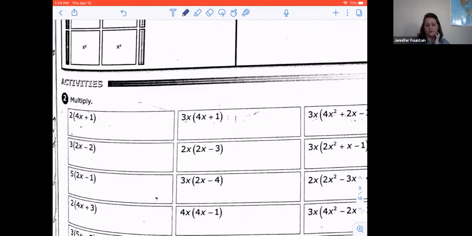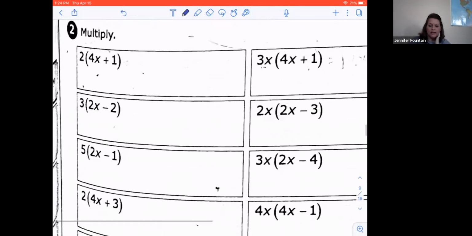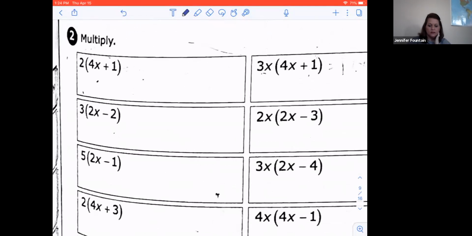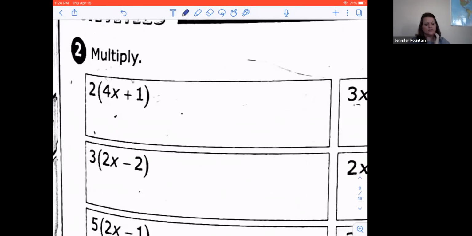So let's go ahead and look at activities 2. So I'm going to distribute 2. So 2 times 4x equals, what's 2 times 4x going to be? What's 2 times 4? 8.